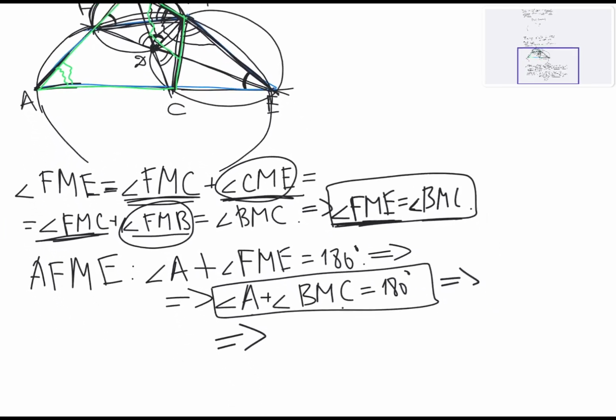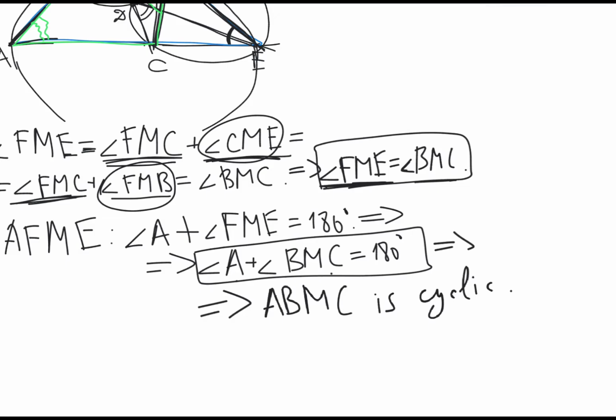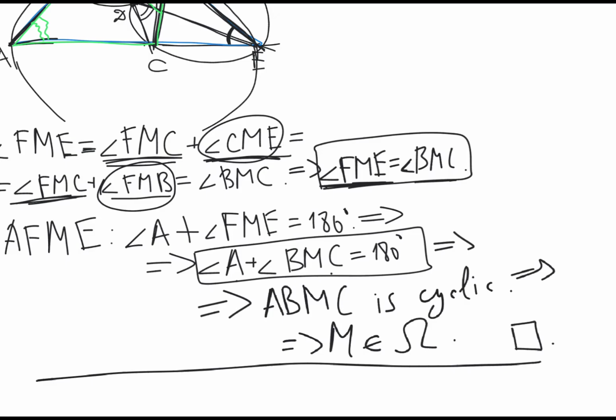So ABMC is cyclic, and this means that M belongs on the circumcircle of ABC, which is omega. So this is exactly what we need to prove. This concludes the proof for this part.